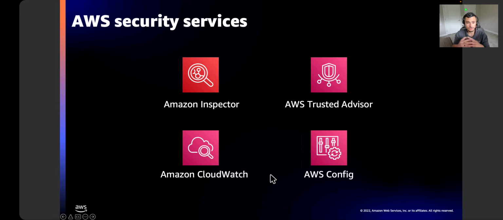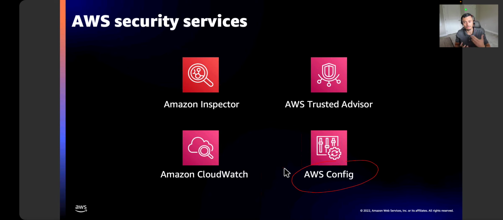Now, other than that, we also need to be aware about other security related services. And again, this isn't a class where we dive deep into each one, right? We just need you to be aware about what you need to know for the test specifically. So things like AWS Config. AWS Config is a configuration management service that allows us to manage and audit the configuration of our resources, right?